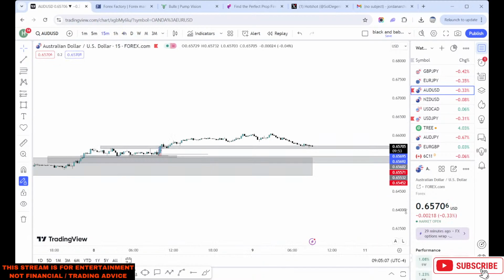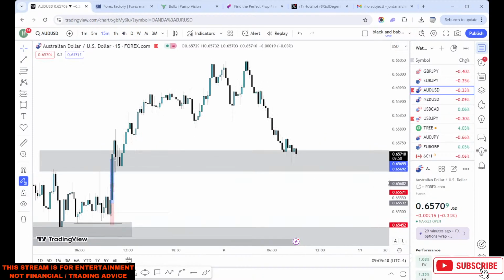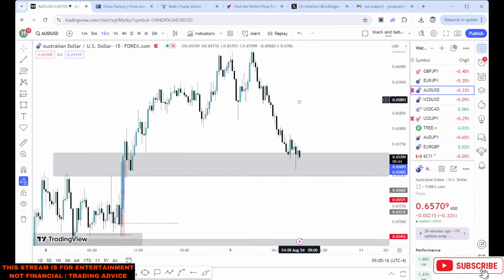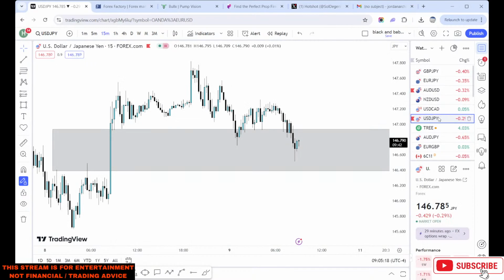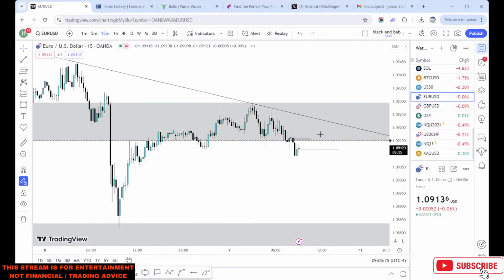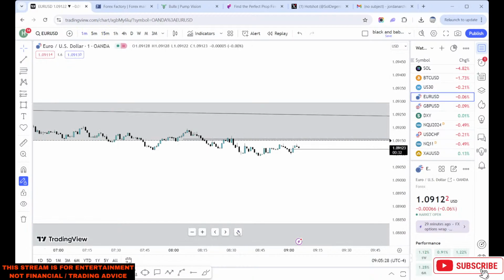Might have to catch something on those ones there. But I'm waiting for AU and UJ to market structure shift bullish on the 15-minute before I even look for an opportunity. Let's see if we catch something with Euro today.